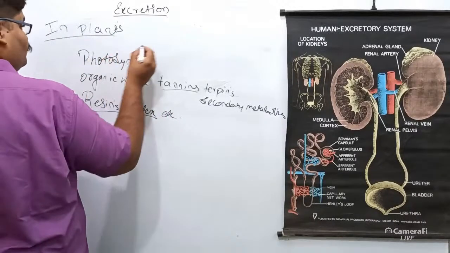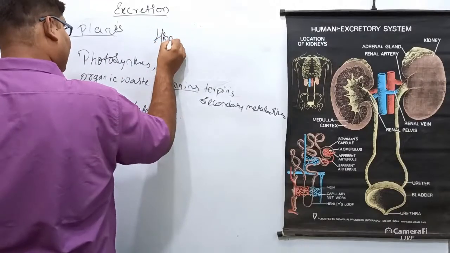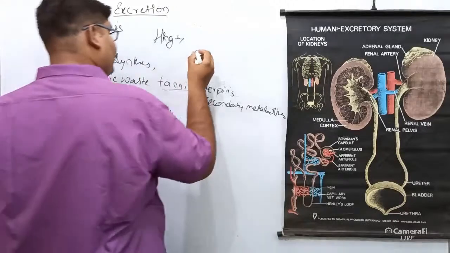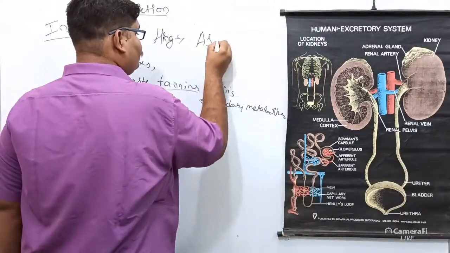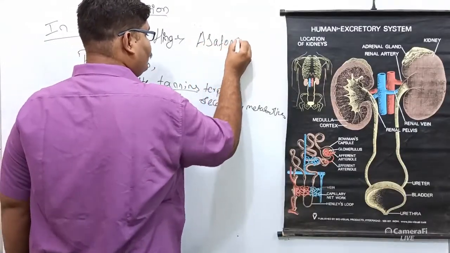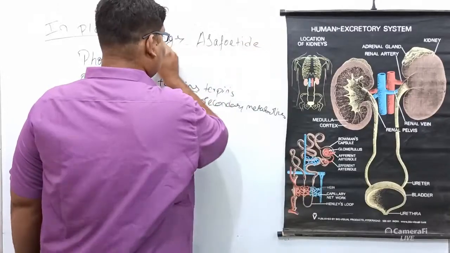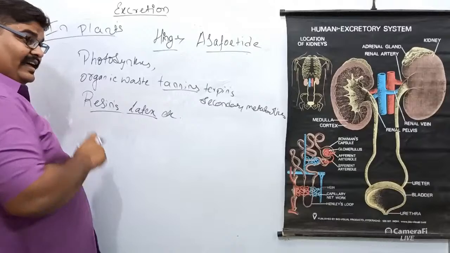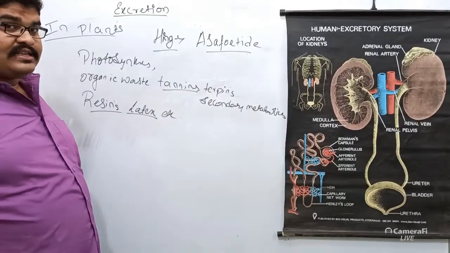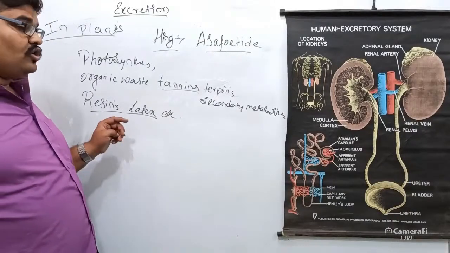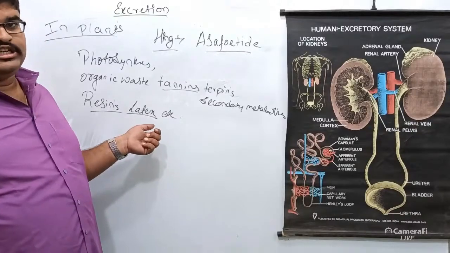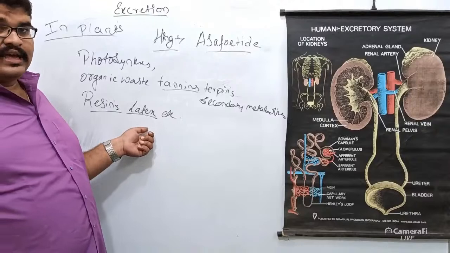So hing is asafoetide, which is one of the resins excreted by some groups of shrubs. Then latex is the milky substance which is oozing out of the plant body.